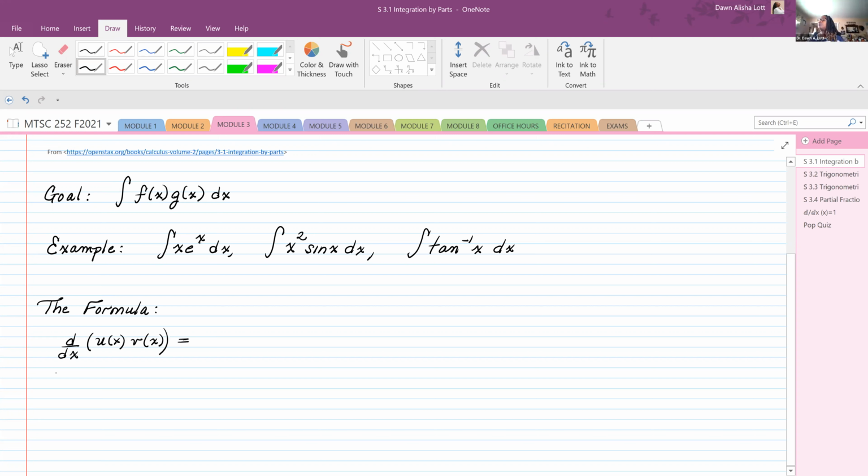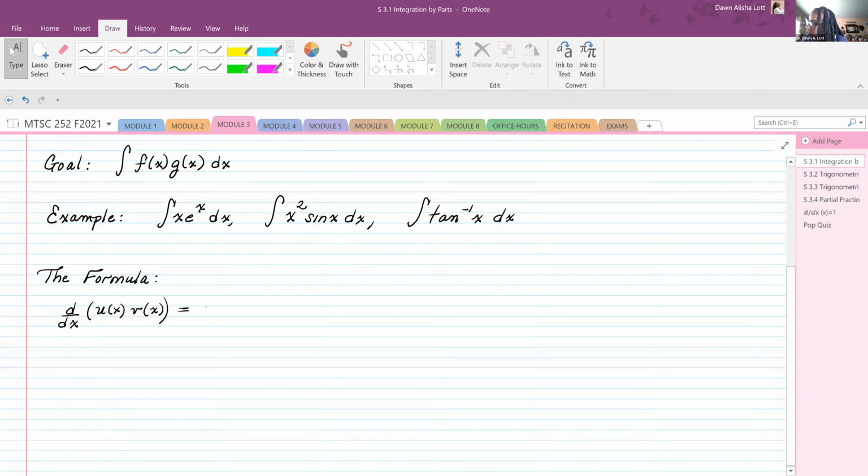When I take the derivative of two functions, I get the first, the u, times the derivative of the second, dv dx, plus the derivative of the first, du dx, times the second, which is v.